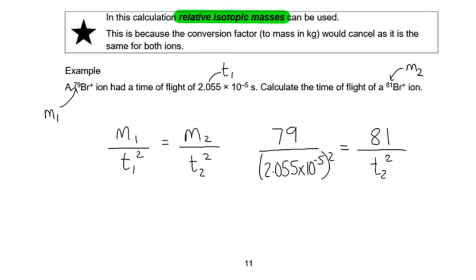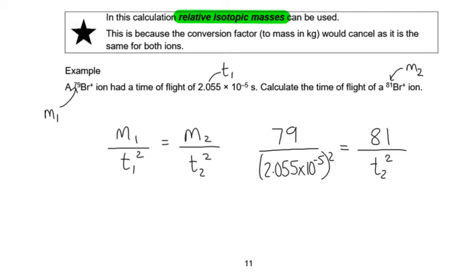Now, if you struggle with algebraic rearrangements, my suggestion would be to calculate the value of the left-hand side of this expression to work it out. If you're confident with your rearrangements, then you should be able to rearrange this and get a value for t2 squared initially. If I move t2 squared up to the other side, it will come up to the top. I'll multiply both sides by t2 squared, then divide both sides by 79, and then multiply both sides by t1 squared.